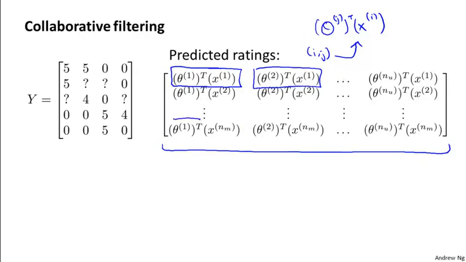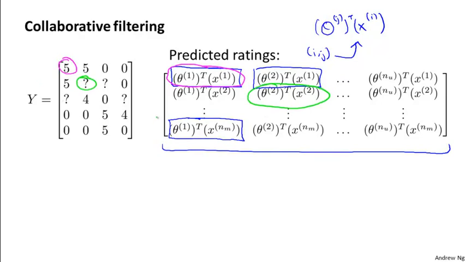And this is the predicted rating of user 1 on the last movie. And if you want, this rating is what we would have predicted for this value, and this rating is what we would have predicted for that value, and so on.